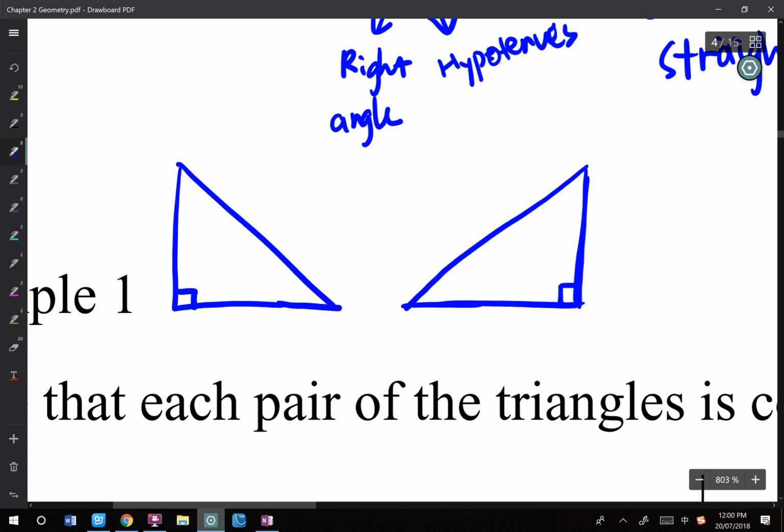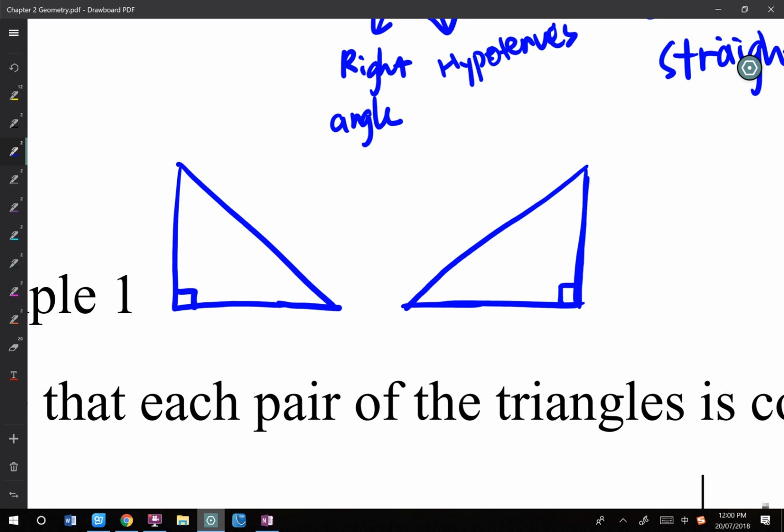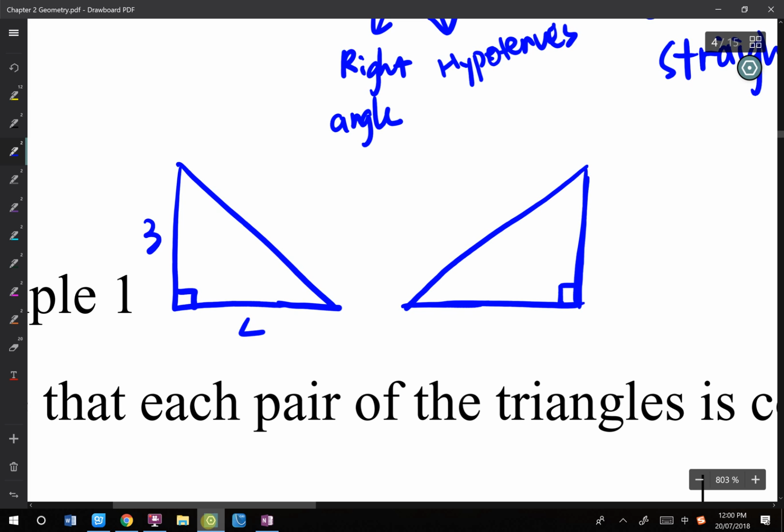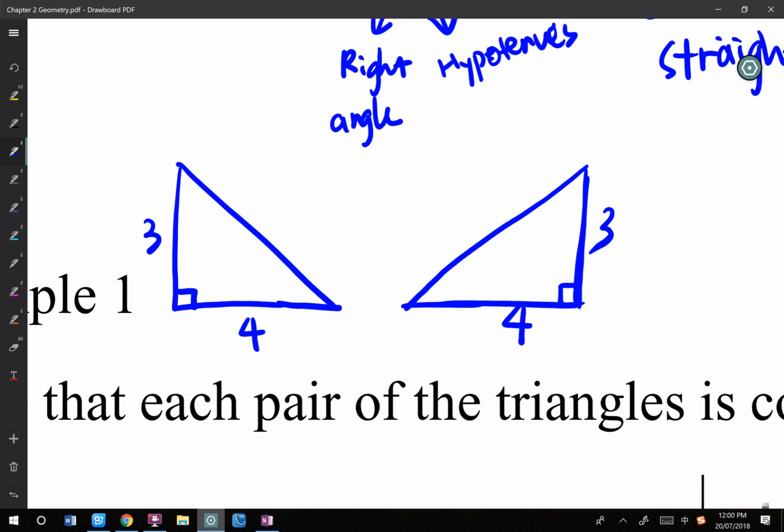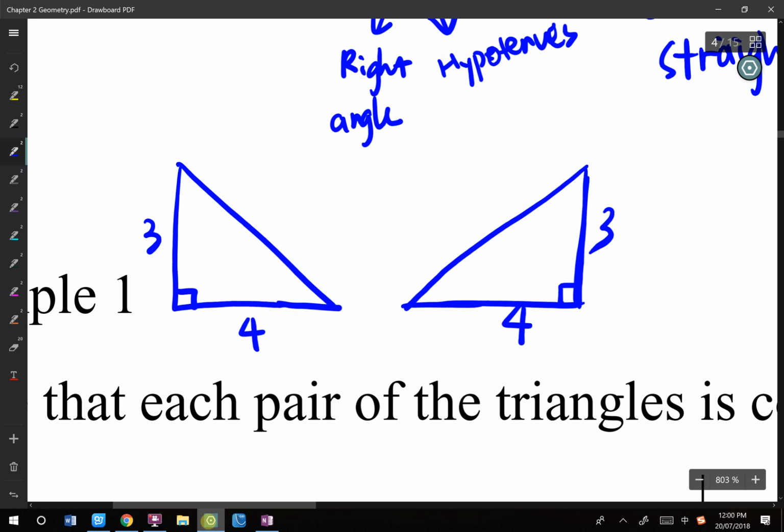If the angles are 90 degrees, 90 degrees, that's the information for angle. And if that length is 3, that length is 4, that length is 3, that length is 4, they are congruent, right? They are congruent because of SAS.